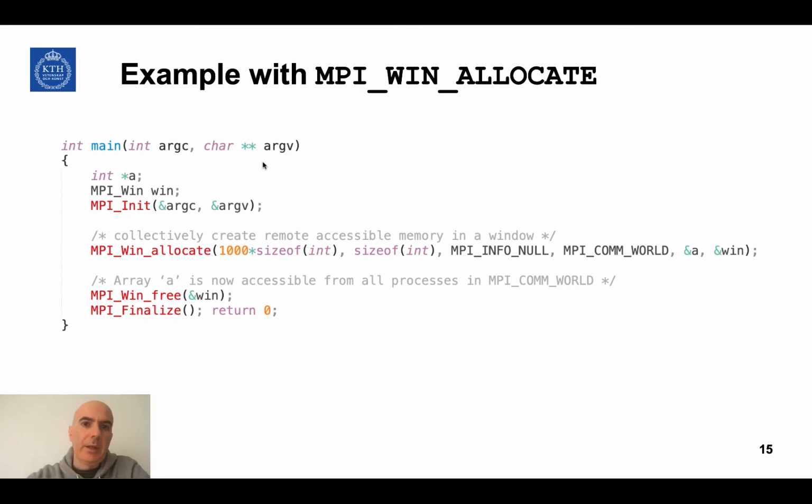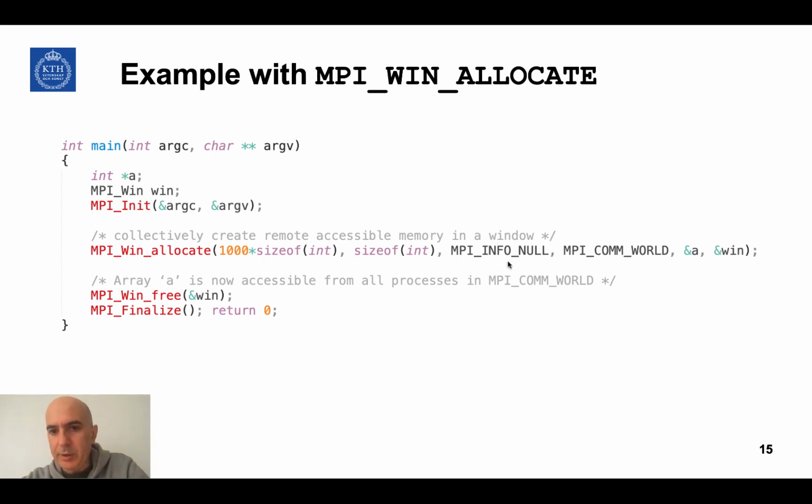So let's see how this looks. You see that the code is much shorter because we don't need to create our buffer beforehand. In this case, it's just one call, MPI_Win_allocate, with the size and the displacement unit.